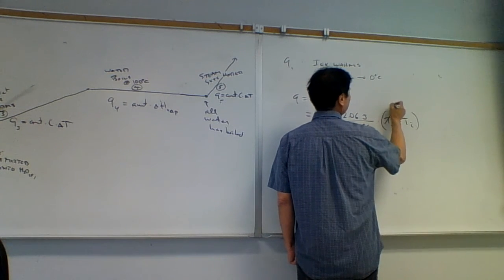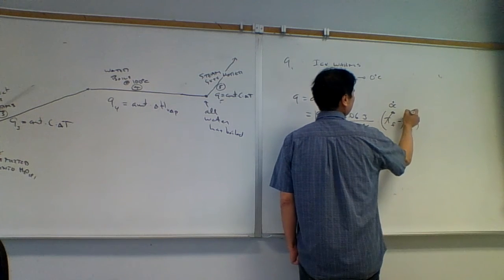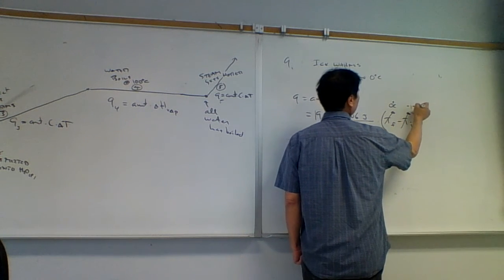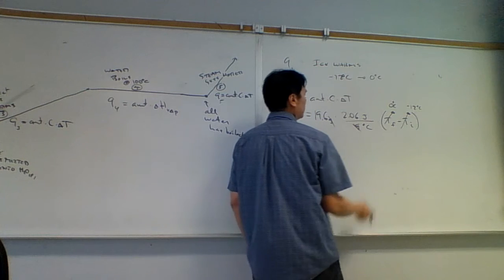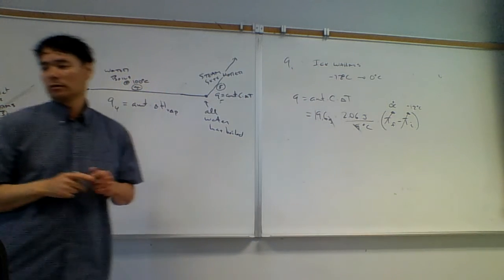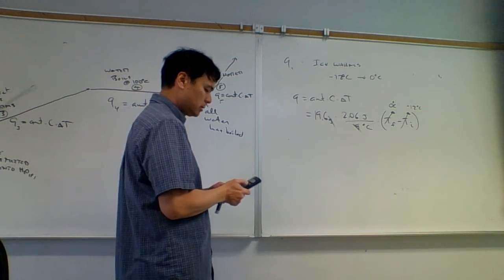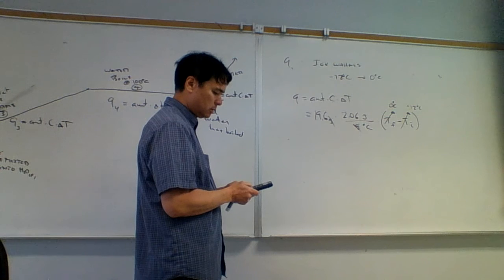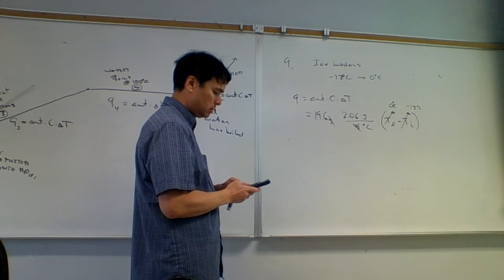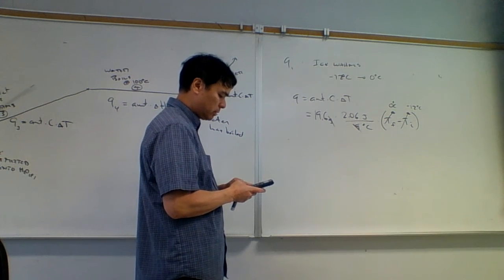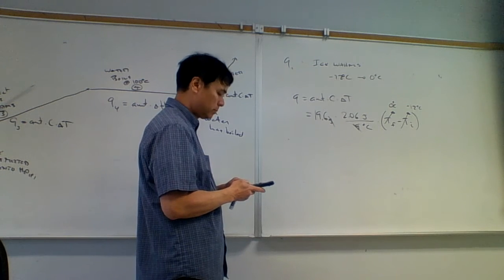T final is 0 degrees C. T initial is minus 12 degrees C. So that's going to be plus 12 degrees C. So we're warming this up by plus 12 degrees. And so it's going to be 19.6 times 2.06 times 12.